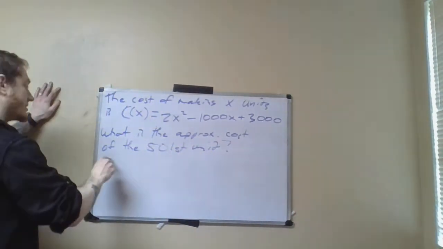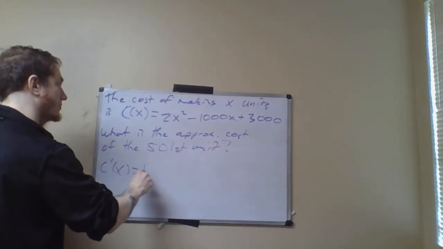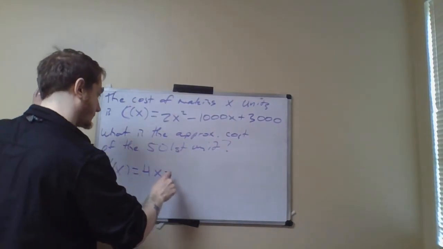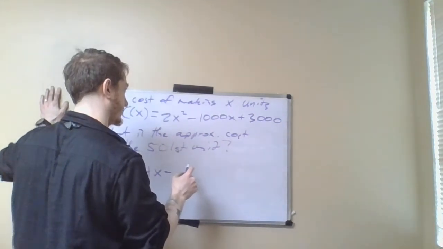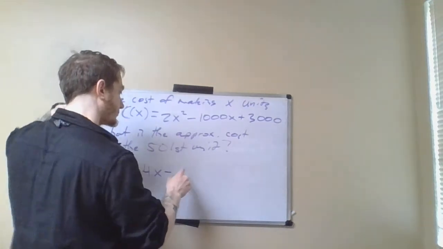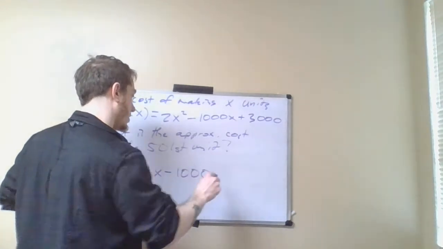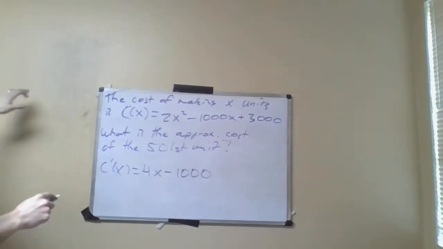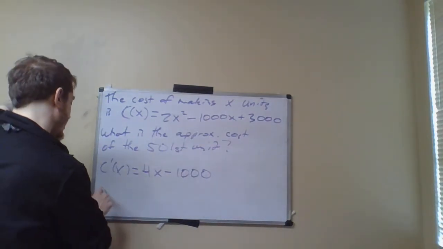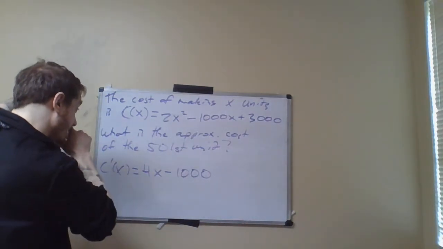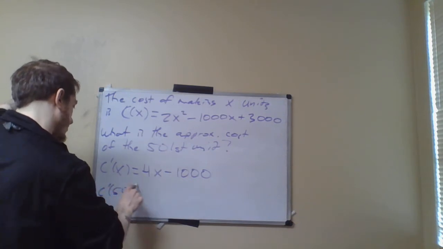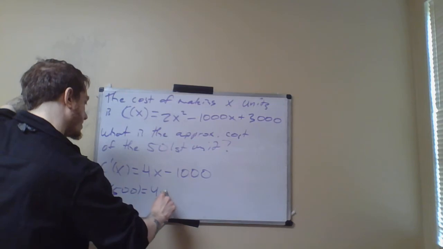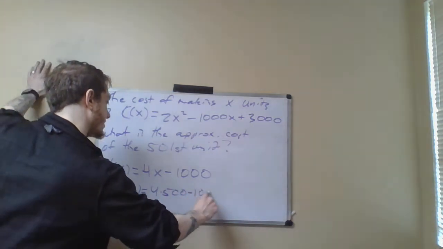Well, if I take C prime of x, this is just going to be 4x minus 1,000. And what this means is that C prime at 500 is 4 times 500 minus 1,000.